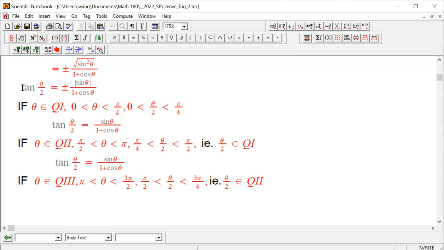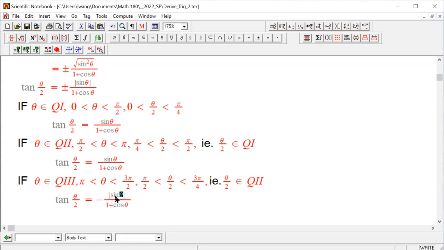Okay, so tangent theta over 2 in this case, because theta over 2 is in the second quadrant, tangent in the second quadrant is negative. So this time we choose a negative sign. But theta is in the third quadrant.